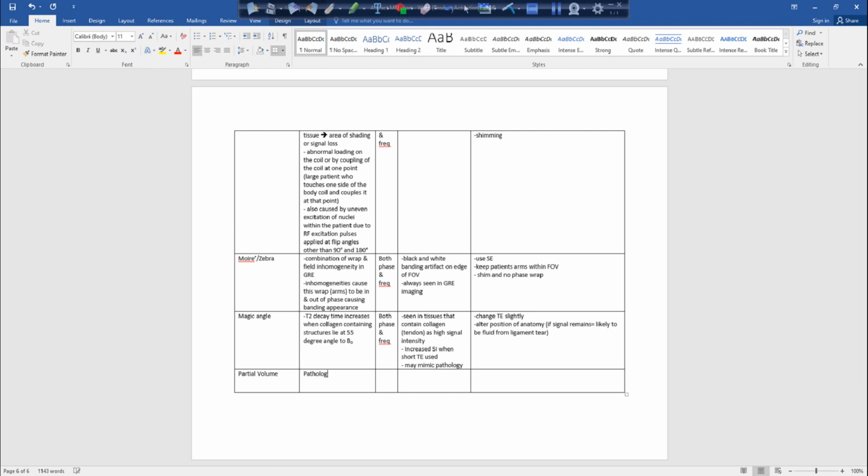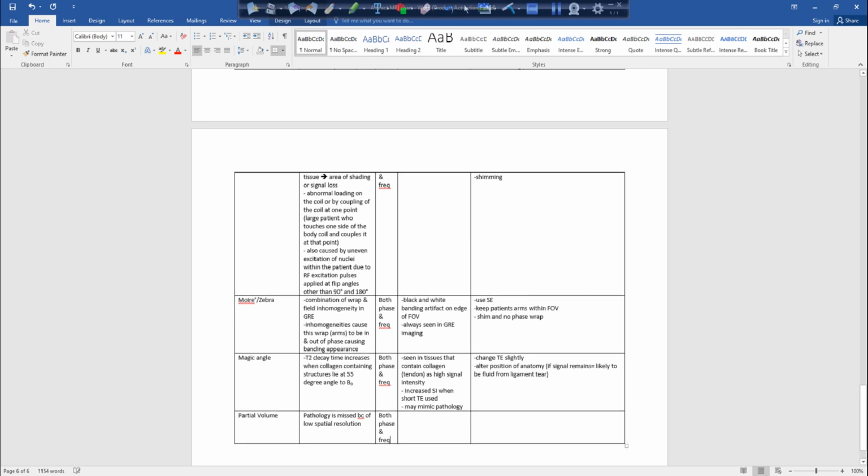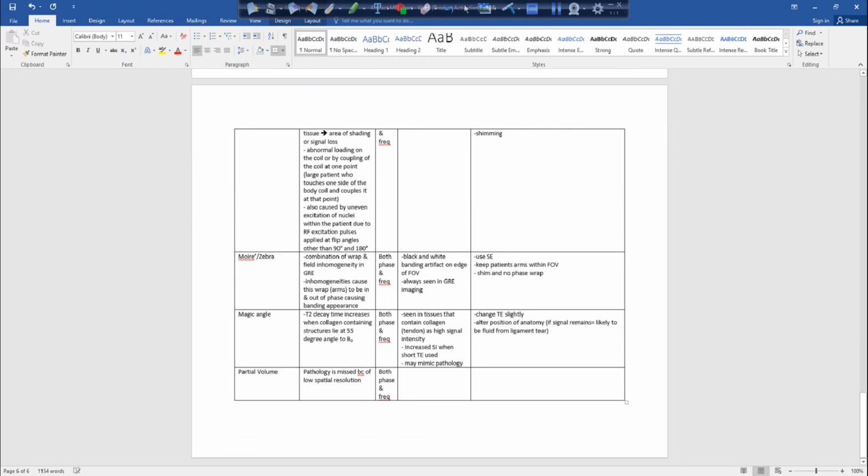This is where pathology is missed because of low spatial resolution. Okay, this occurs in both phase and frequency. What it looks like is you could possibly just miss pathology.